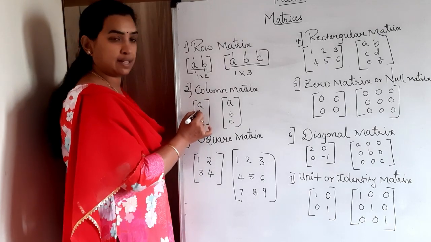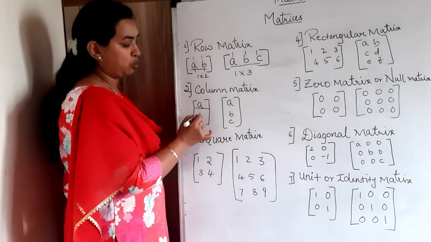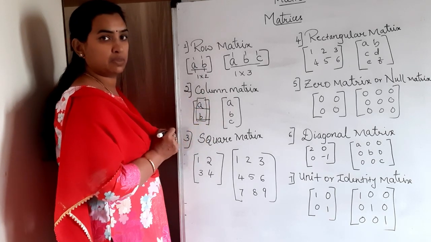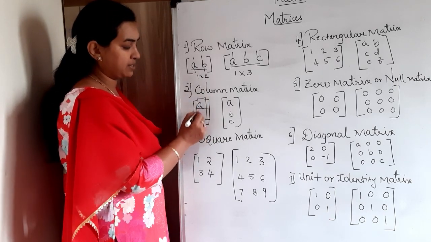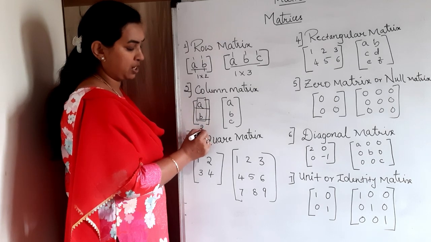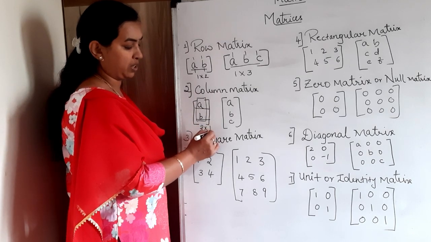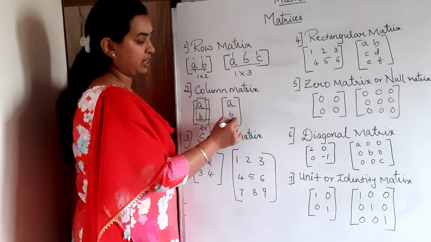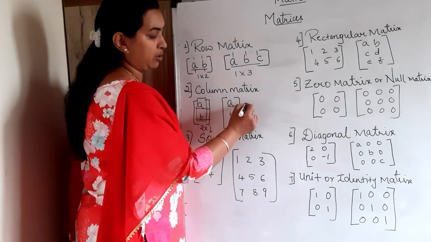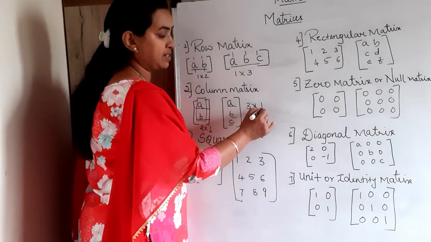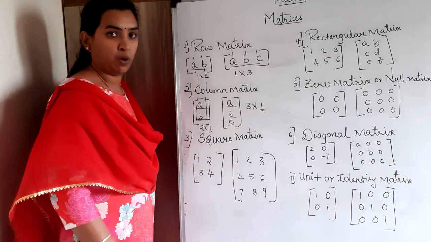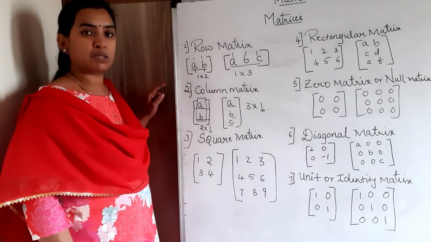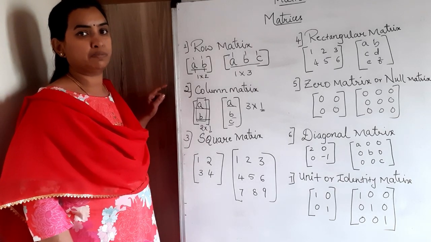See, in this example, there are 2 rows but only 1 column. So the order of this matrix is 2 cross 1. Here also there are 3 rows but only 1 column. The order of this matrix is 3 cross 1. So in a column matrix, there must be only 1 column.